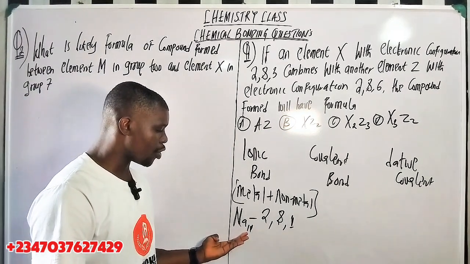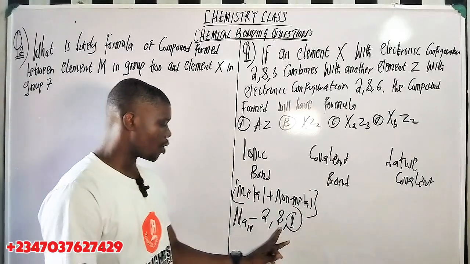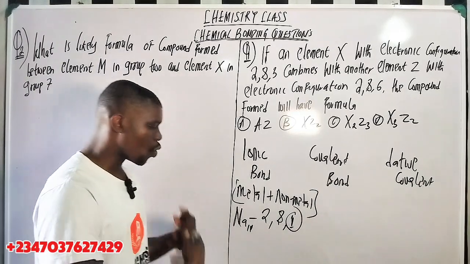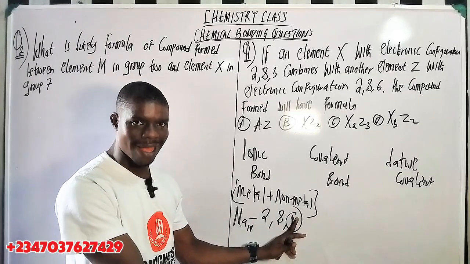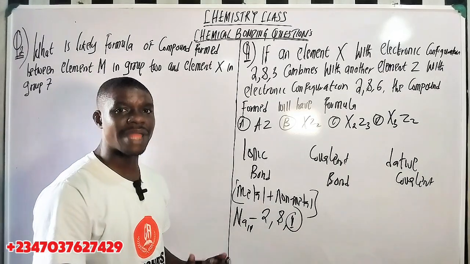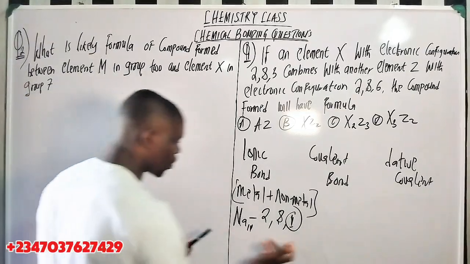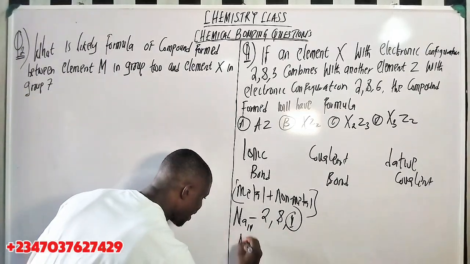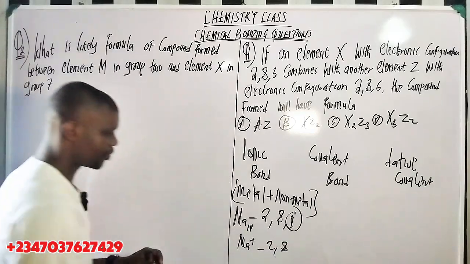So sodium has to lose this electron to form the octet. When sodium loses this valence electron, which is 1, it now forms Na+. So the configuration is now 2,8.